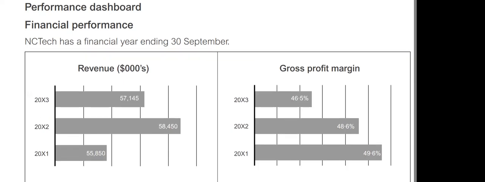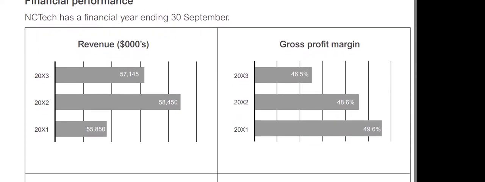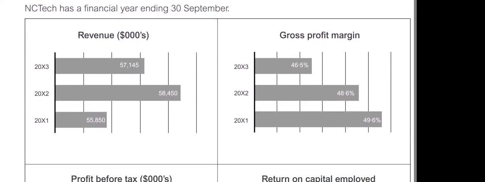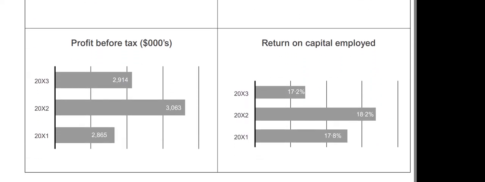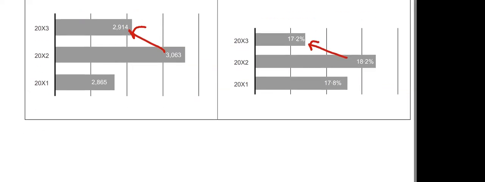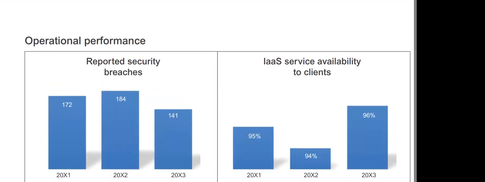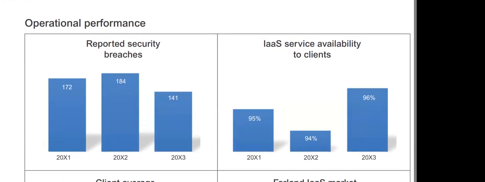Then you have been given the performance dashboard, which shows how the performance has been negatively impacted, in that you would see a decline in revenues, a decline in the gross profit margin, the profit before tax number, profit has also reduced, and the return on capital employed has also gone down. So there would be some issues definitely in the business that are going to create some trouble for you.